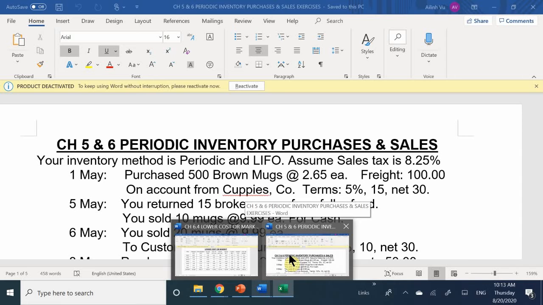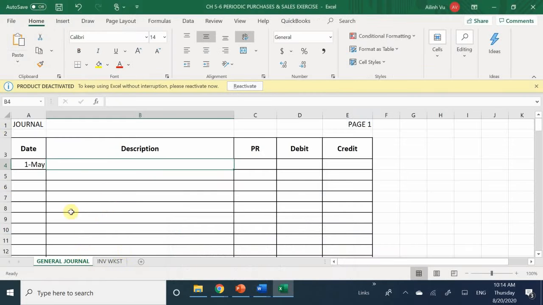What is going to be my journal entry here? Okay, remember, our inventory is going to be periodic and it's LIFO. You're going to debit purchase expense, freight expense, and credit accounts payable. Good. All right, same thing that we've been practicing all week long.